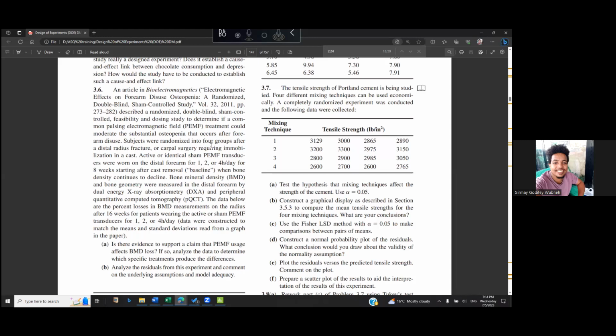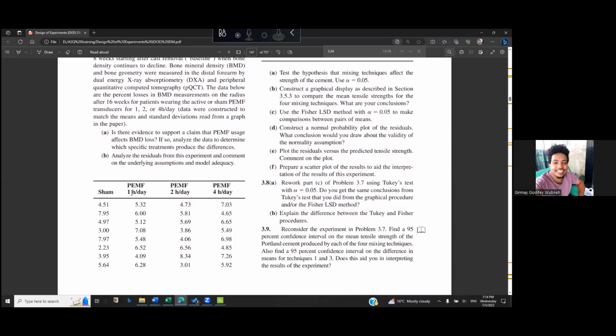Subjects were randomized into 4 groups: the sham 1 hour per day, the PEMF.